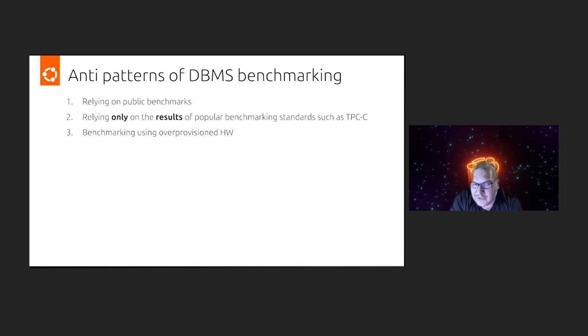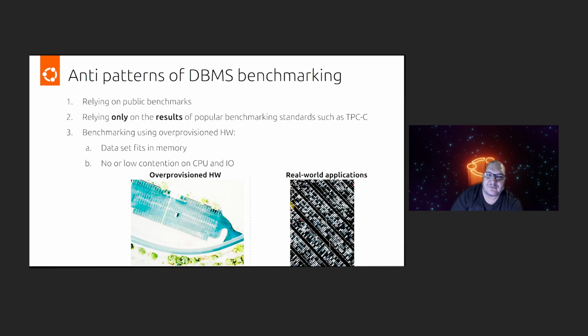The other typical anti-pattern is to benchmark using highly over-provisioned hardware. For example, the data set fits completely in memory, and then you claim that this setup works great. Of course, if you and your company can afford a big machine where the whole data set fits in memory, then that's fine. Try to stay in that company for as long as you can.